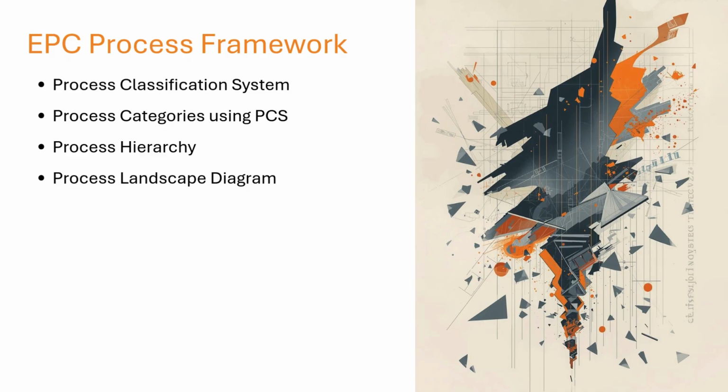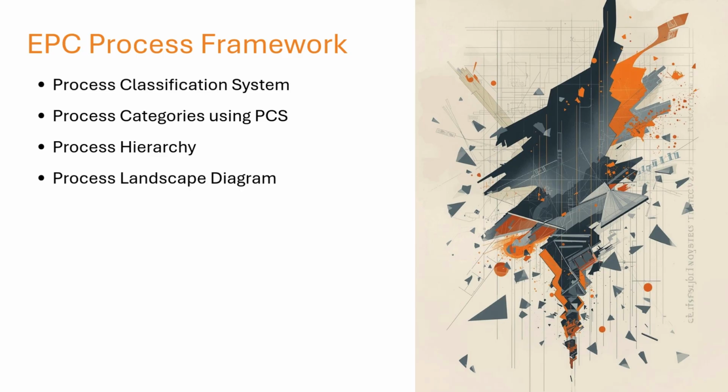Then component 2 is process categorizing using the classification method that you choose. So this is the full map of all your processes arranged using the classification system, categorizing all the processes into core, support and management process.